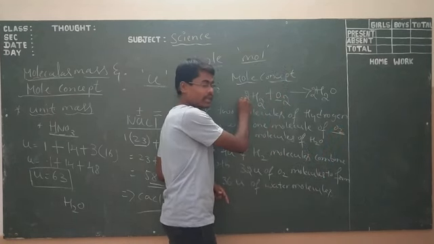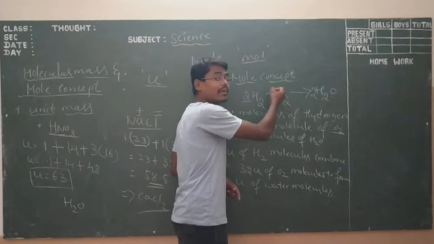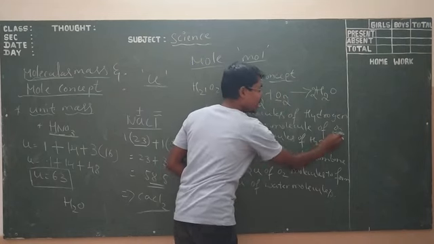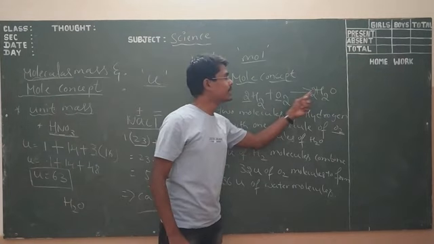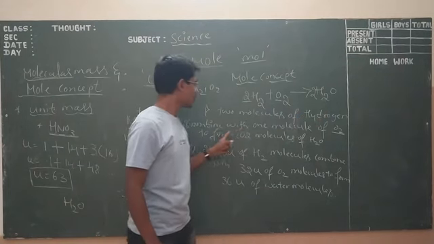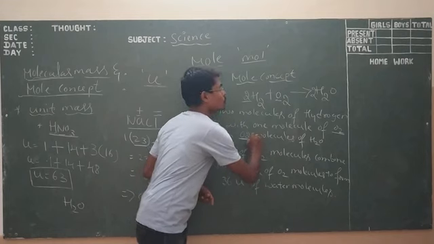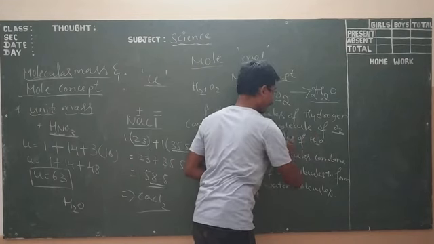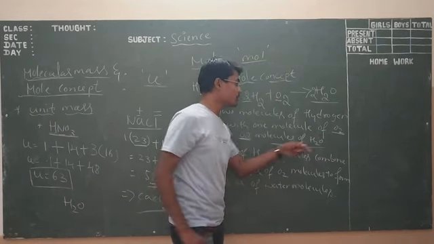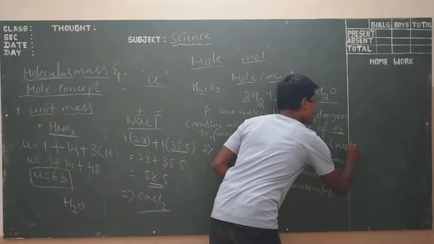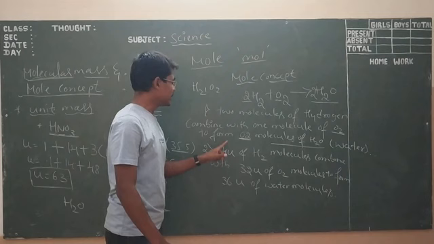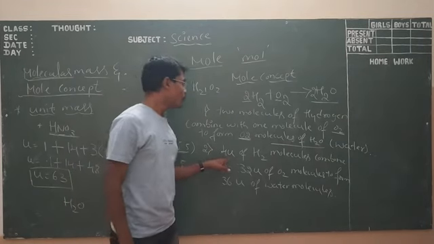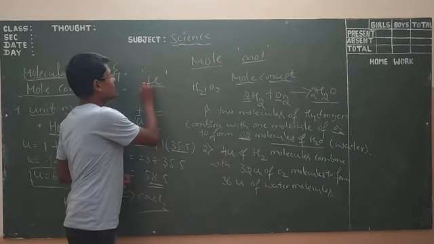Two molecules of hydrogen react with one molecule of oxygen to give two molecules of water, or two molecules of H2O. This is the first point.